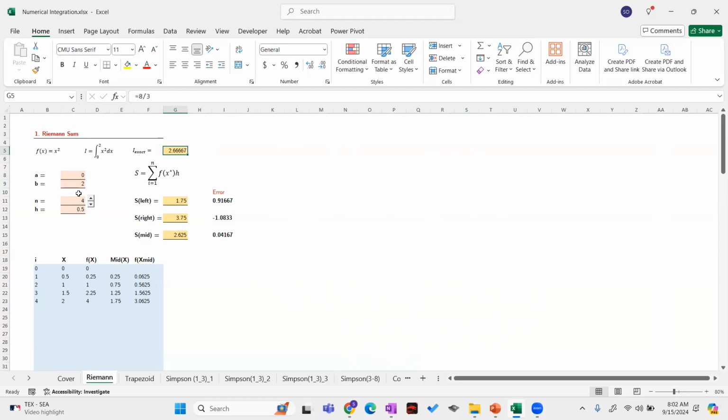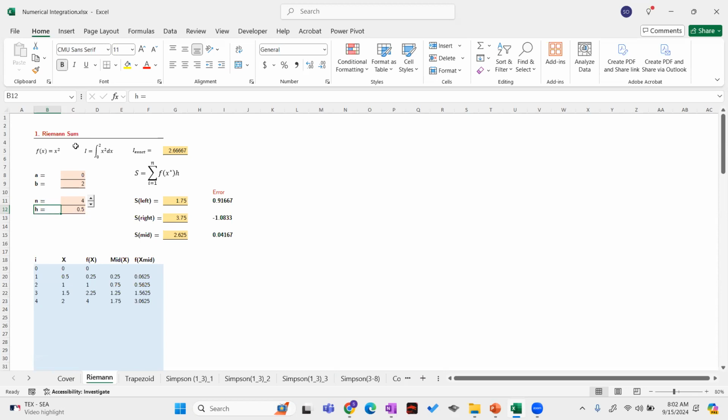First, we identify our parameters. The lower limit a is 0. Upper limit b is 2. Number of steps is up to me. I can change that. Right now, I've taken it as 4. Tied to this number of steps is the width of the subinterval. It's equally spaced.